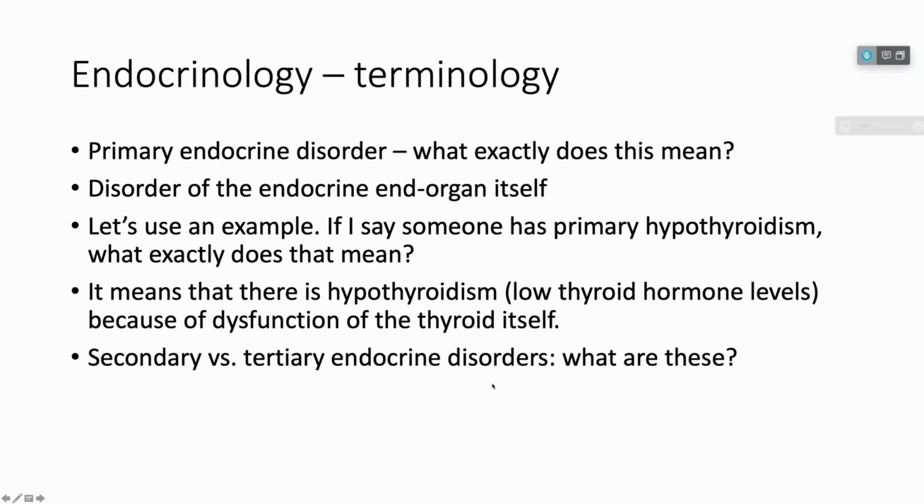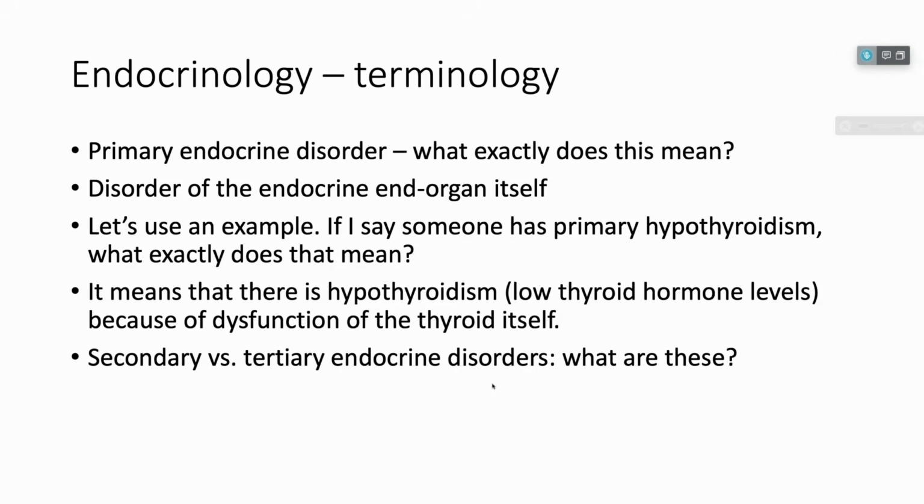Danielle, what would secondary or tertiary endocrine disorders be? Secondary would be what's occurring at a different source, but affecting the organ itself. You're using general language, right? Secondary meaning some other place. Endocrinology has very specific terminology here, and it's important to know.